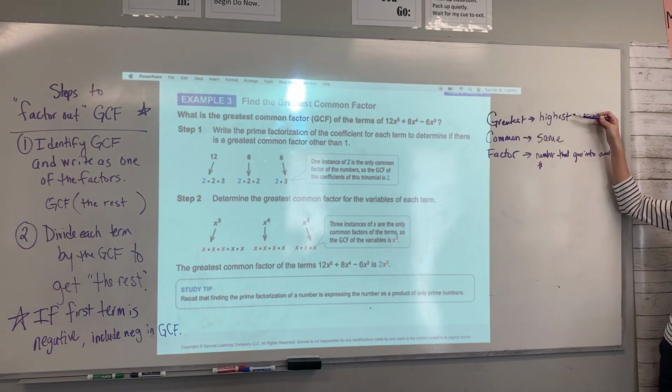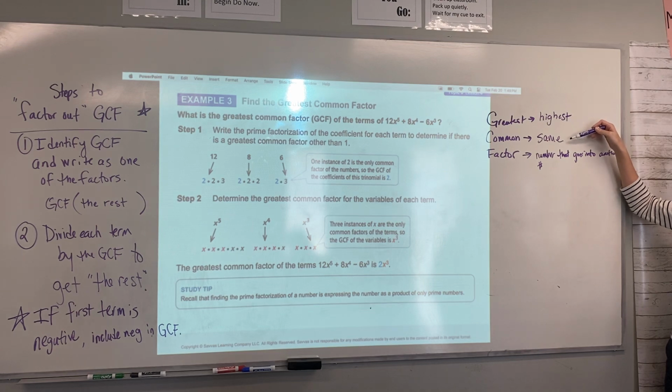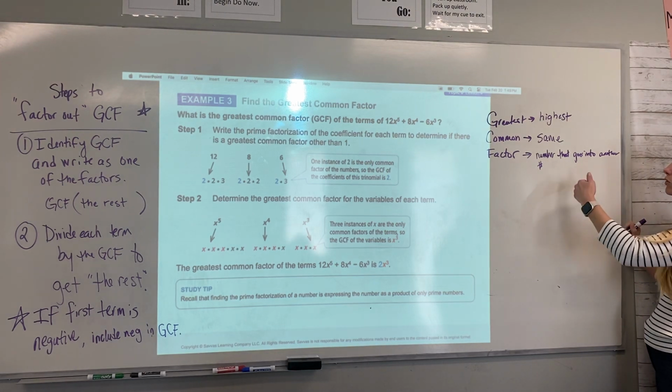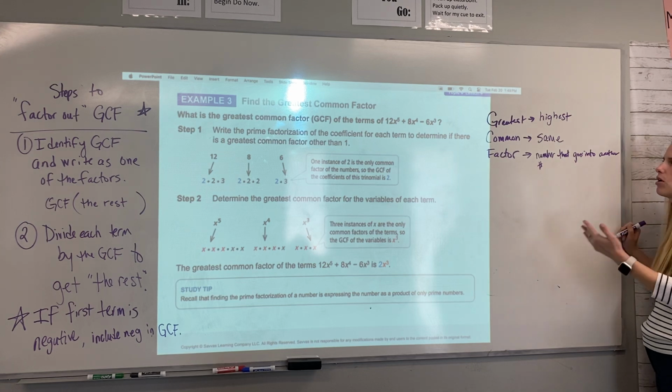So we're looking for the highest number that's the same for all the terms and goes into the number.